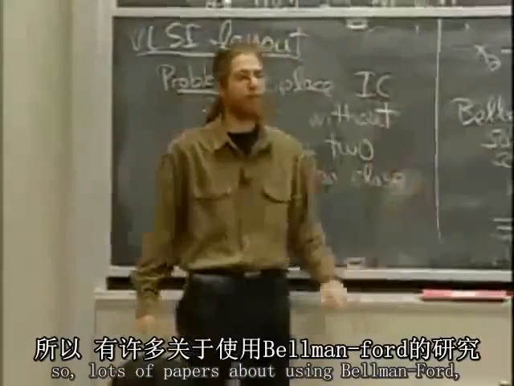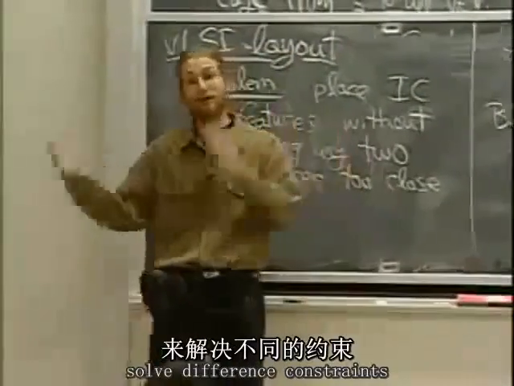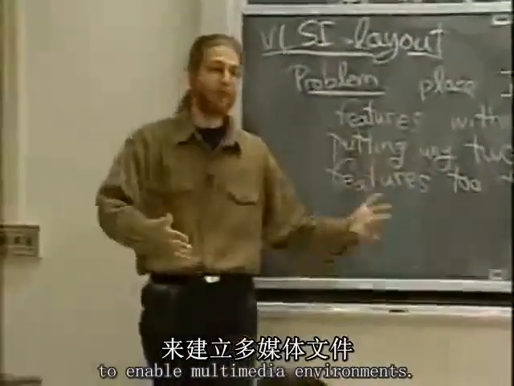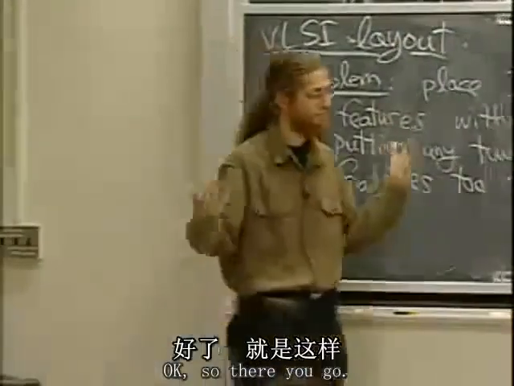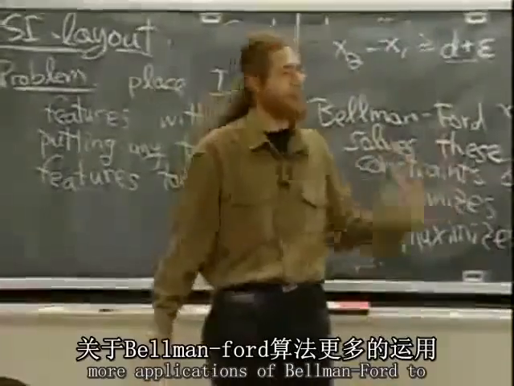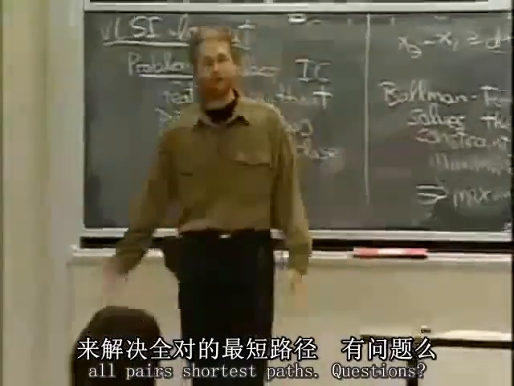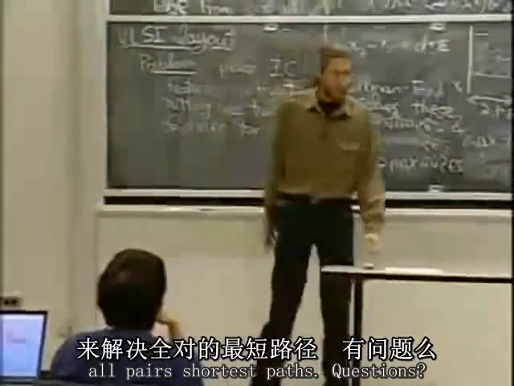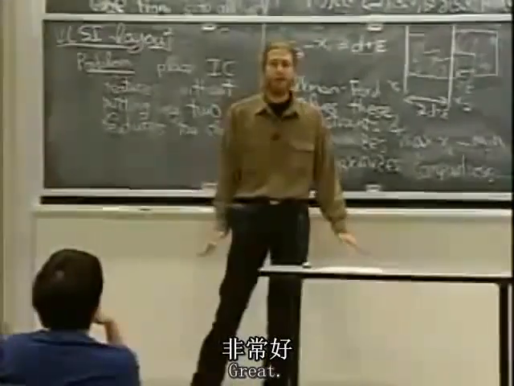So there are lots of papers about using Bellman-Ford to solve difference constraints to enable multimedia environments. Okay, so there you go. And next class we'll see more applications of Bellman-Ford to all pairs shortest paths. Questions? Great.